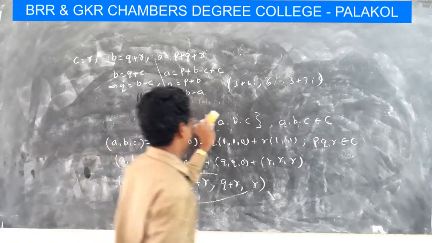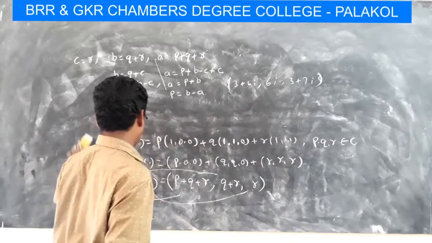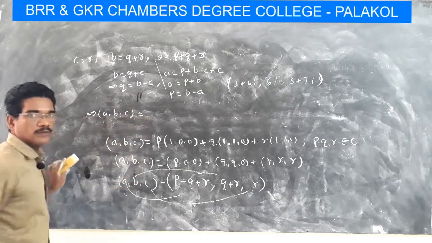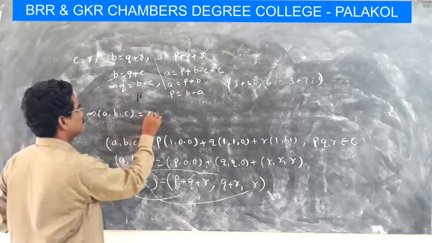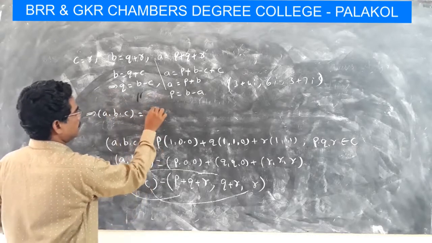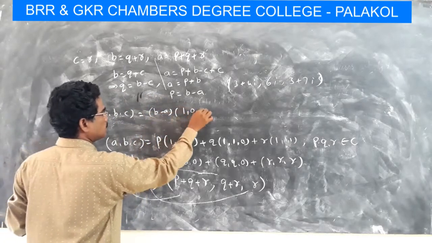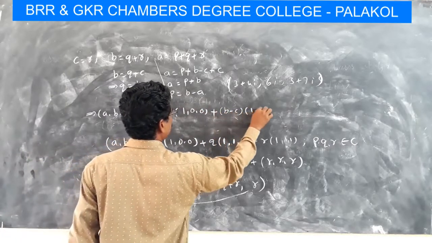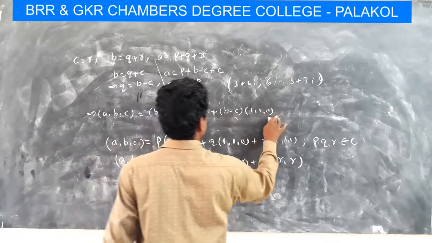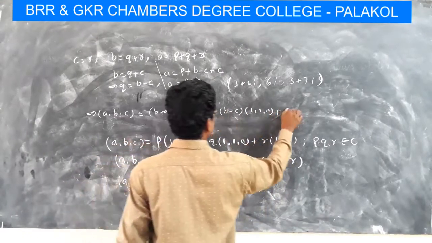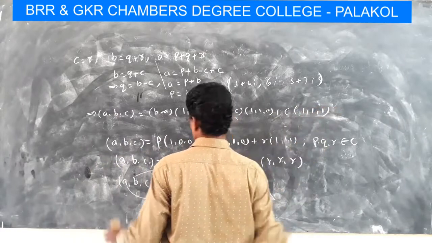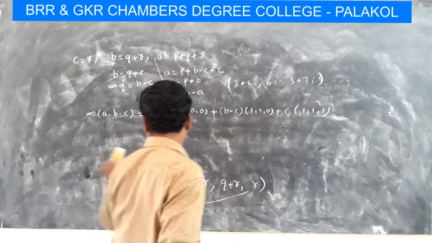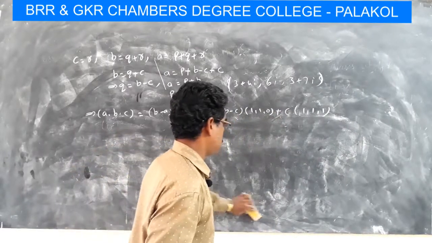Now the vector (A, B, C) equal to (B minus A) times (1,0,0) plus (B minus C) times (1,1,0) plus C times (1,1,1).